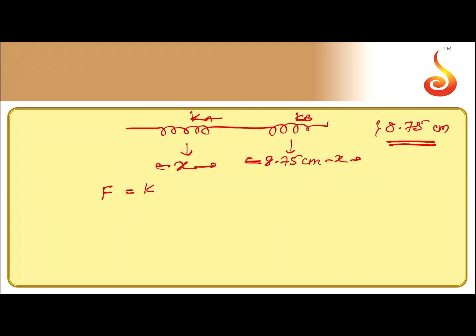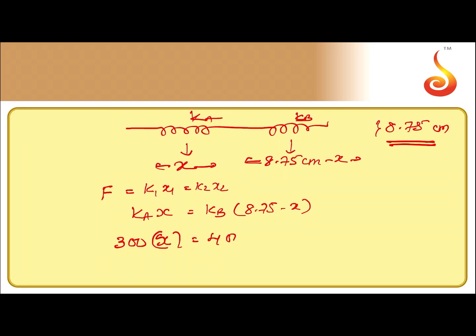So you can write K1 x1 is equal to K2 x2. What is K1? KA. x1 is x, K2 is KB into 8.75 minus x. So do we know the values? Yes, 300 into x is equal to 400 into 8.75 minus x. That gives us x is equal to, you can simplify it further, x is equal to 5 centimeter.